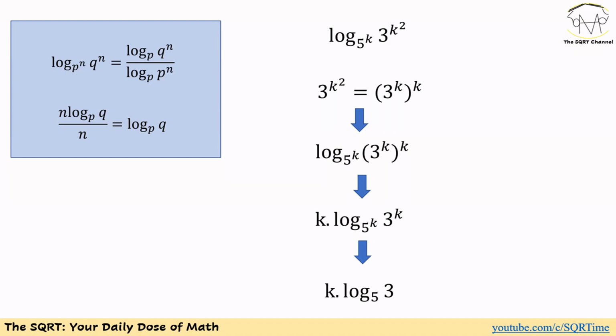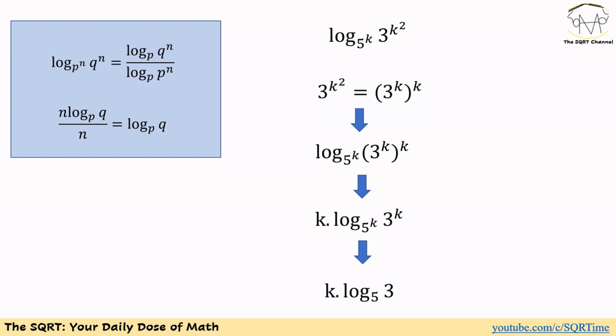Now we have log of 3 to the power of k to the power of k in base 5 to the power of k. Remember, here we have k in both the base and the number that we are going to get log of. Now we can simplify it and write it as k times log of 3 to the power of k in base 5 to the power of k.